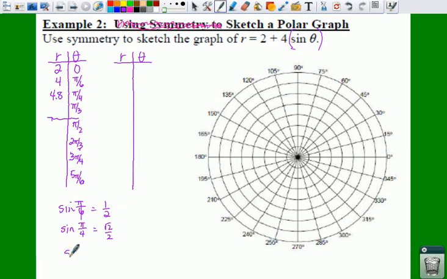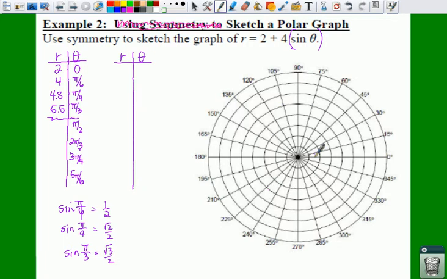And then let's do the sine of pi over 3. Well, that's a radical 3 over 2. So if we get a 2 times the radical 3 plus 2, that's going to give us a 5.5. So we could plot these, but I'm going to wait to find out how big my circles need to be.